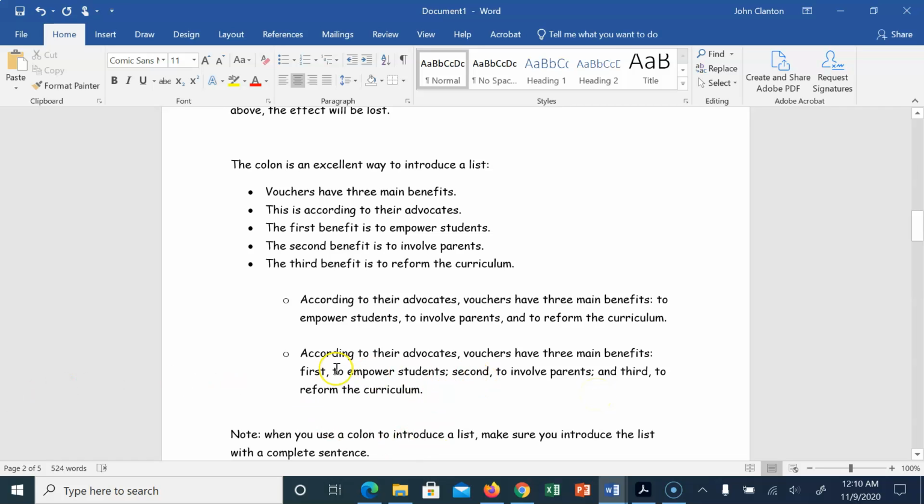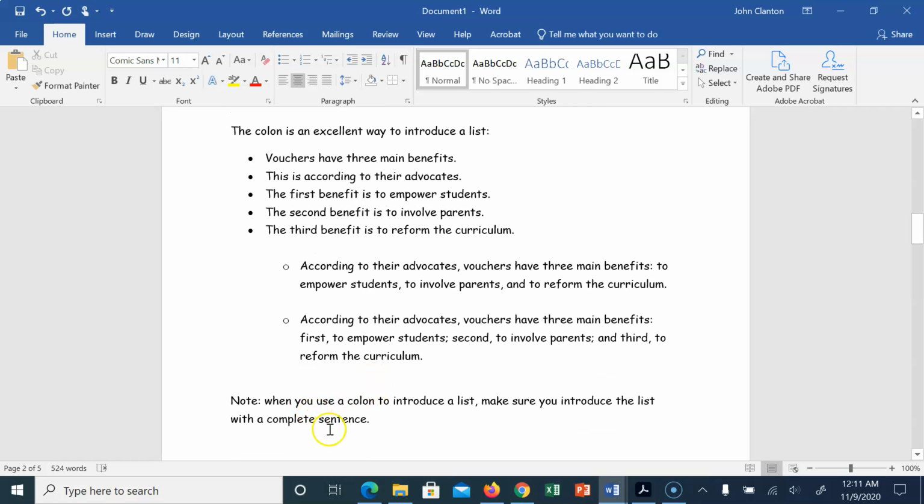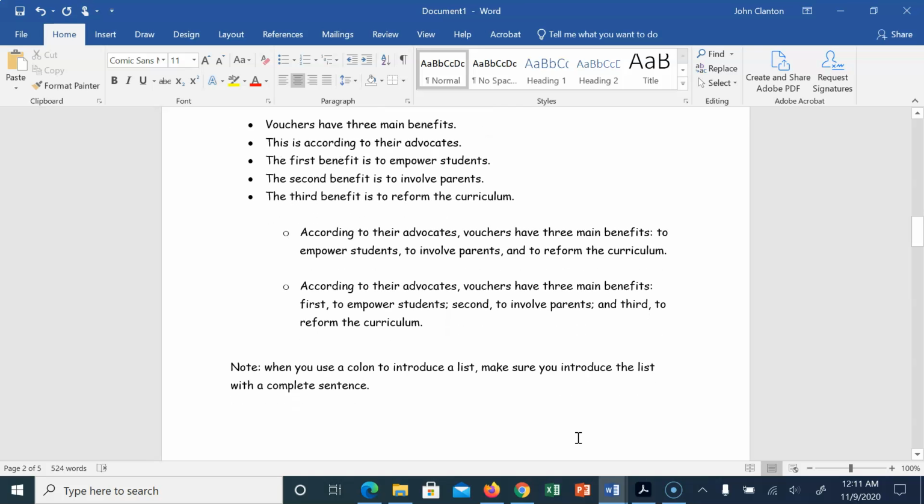Here's another example with the same sentence. So according to their advocates, vouchers have three main benefits. First, to empower students. Second, to involve parents. And third, to reform the curriculum. Right? So in this case, the writer wanted to add more transitions. Okay? When you use a colon to introduce a list, though, this is important because I see this a lot. Make sure you do it with a complete sentence.